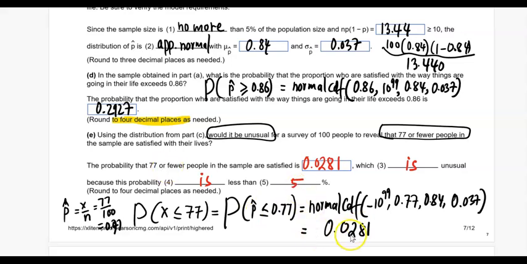Notice that if you look at this probability, 2.81%, this is the same as this percent, which is less than 5%. So this is unusual. The question is, would it be unusual for a survey of 100 people to reveal that 77 or fewer people in the sample are satisfied with their life? Yes, it is.